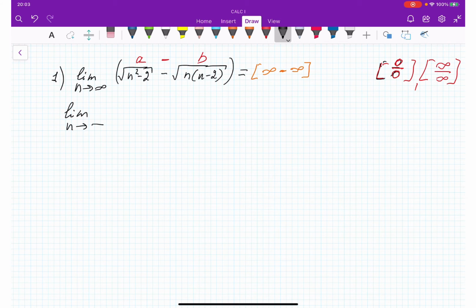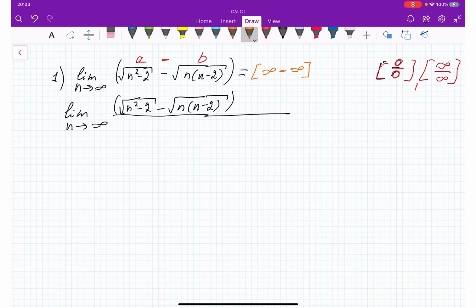Limit as n approaches infinity of square root of n squared minus 2 minus square root of n times n minus 2, multiplied by square root of n squared minus 2 plus square root of n times n minus 2.